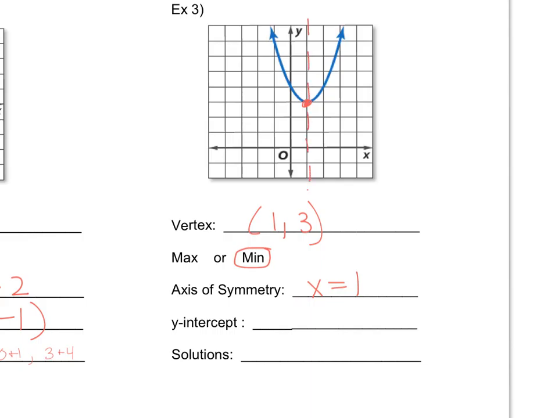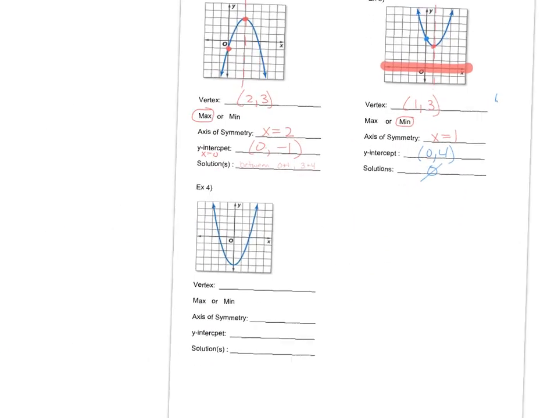My y-intercept is right here, this guy, and that would be 0, 4. And now my solutions: where's it crossing the x-axis? Well, in this case, it's never going to cross, so it's going to be no solution. Okay? All right, and let's take a look now at example 4.